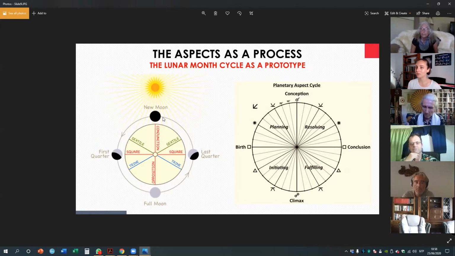We can see. So, for example, if Mars and Venus are conjunct at 0 degrees Aries, this is imaginary, but let's suppose the conjunction happens at 0 degrees Aries. We just need to see at what point they would stand at exactly 90 degrees from each other, and we can establish that with the ephemeris.